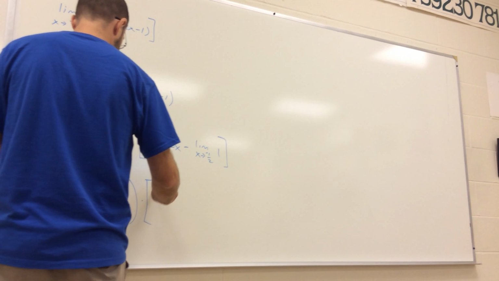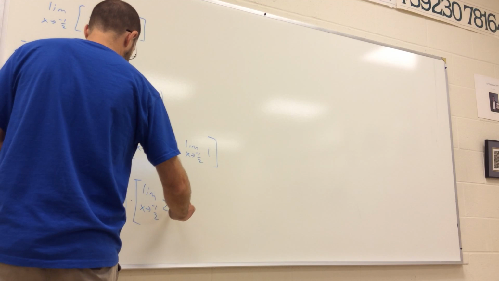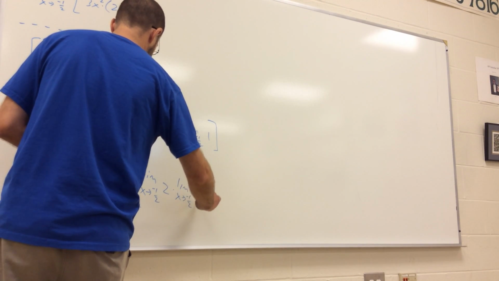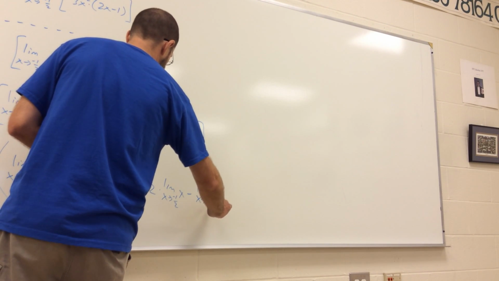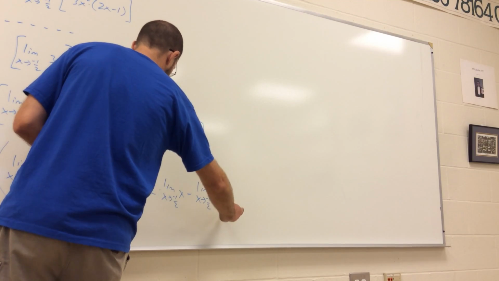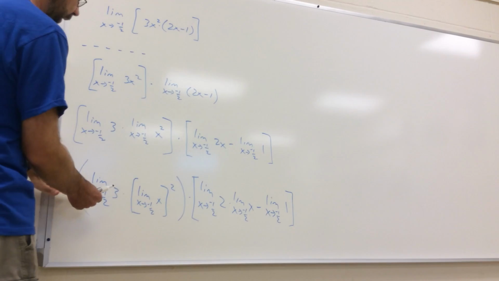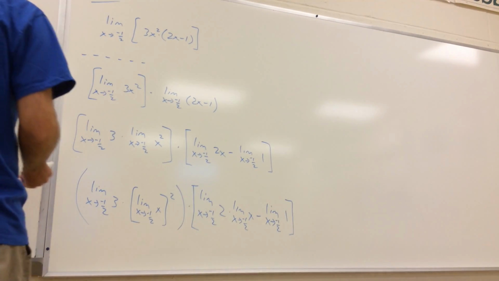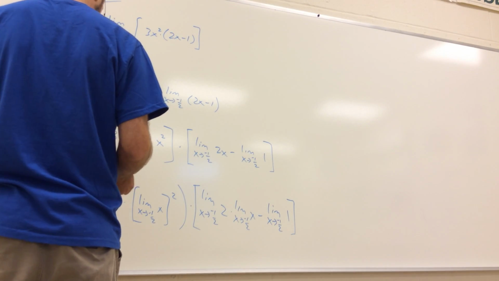So I've got the limit as x approaches negative a half of 2 times the limit as x approaches negative a half of x minus the limit as x approaches negative a half of 1. Okay, so to get from here to here, I just used a bunch of limit laws. Now I've boiled it down to some limits that are pretty easy to calculate.